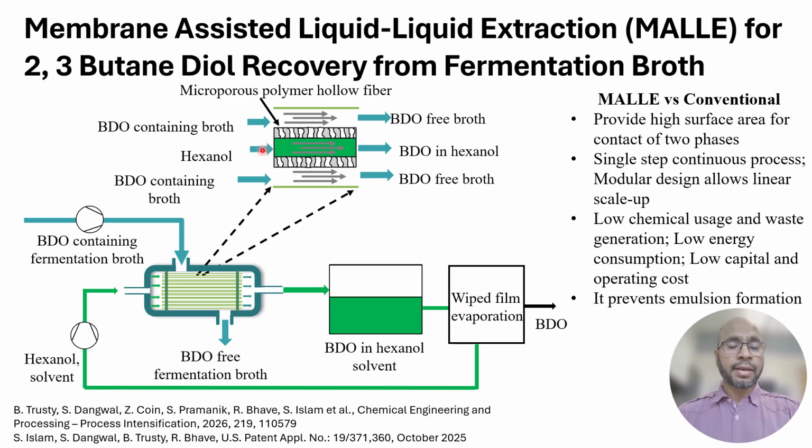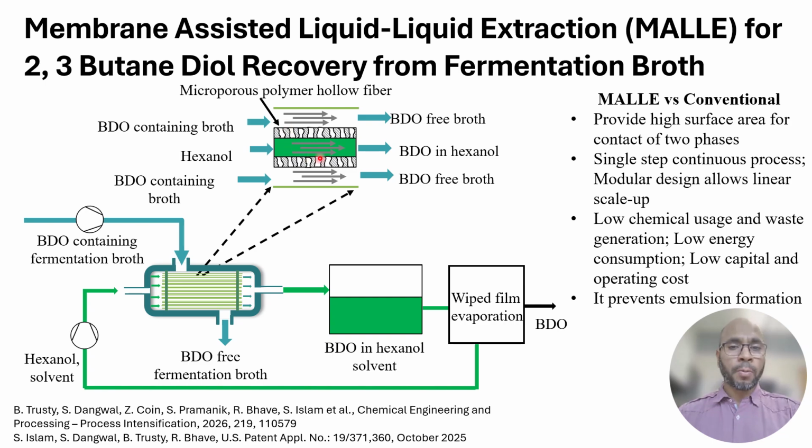The solvent is hydrophobic and the membrane is hydrophobic, so the solvent can penetrate through the pores to the other side. On the other side, the BDO containing fermentation broth, which is mostly aqueous, passes through. But because it is hydrophilic, it doesn't get through the pores. So these two phases remain separated, but the hexanol comes in contact with the BDO and extracts the BDO.